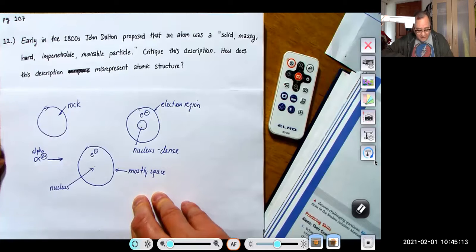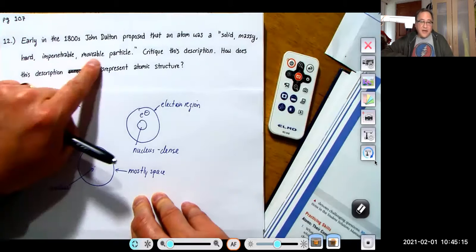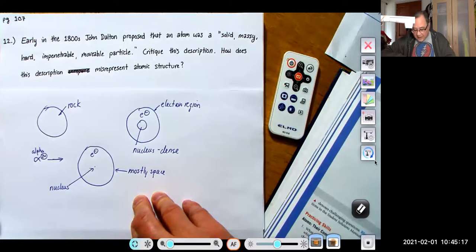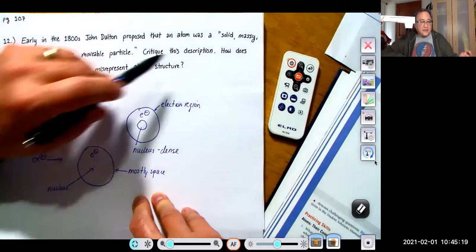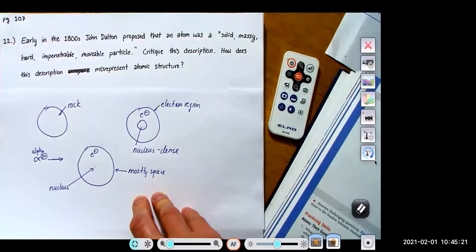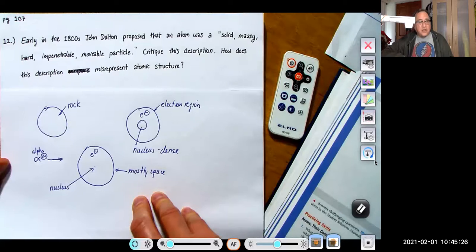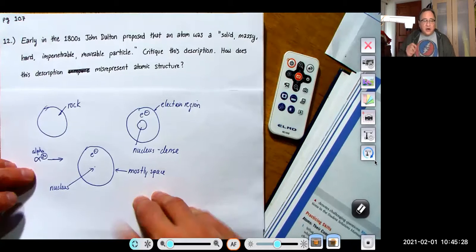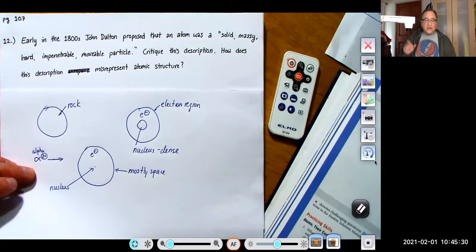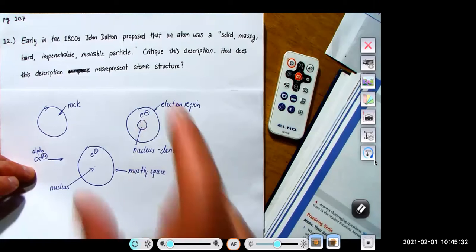Now, on the other hand, movable particles, sure, you can move atoms around. Solid, that's up to debate. It's debatable because, when you're talking about one atom, it's hard to tell if that's a solid atom or a liquid atom or a gas atom.